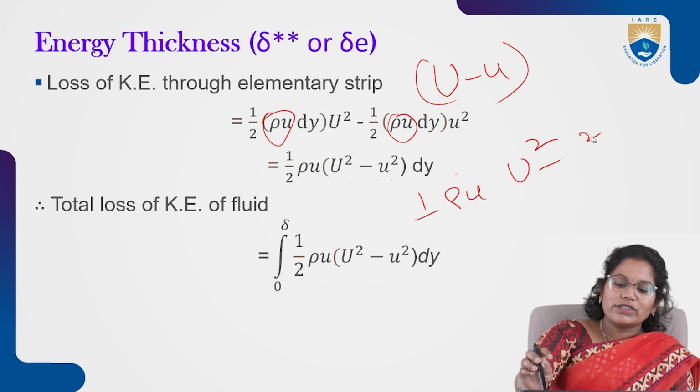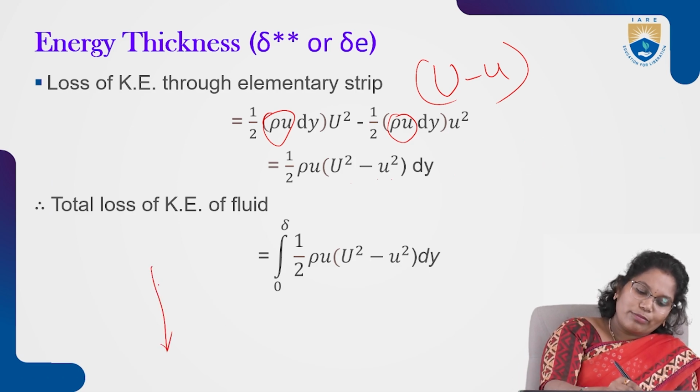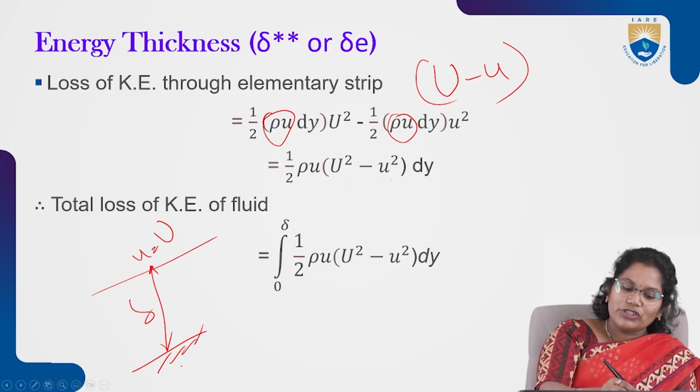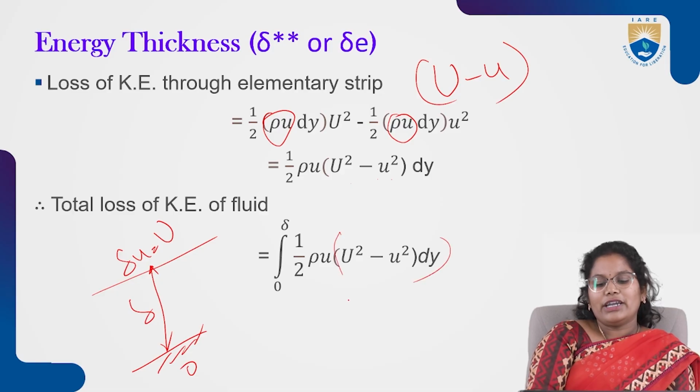So the total loss over the boundary layer thickness, from 0 to delta, is half into rho u into capital U square minus small u square into dy.